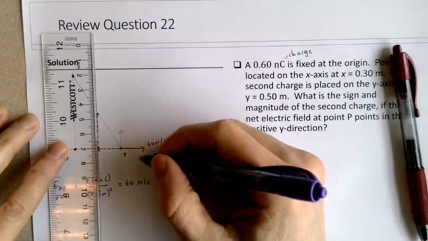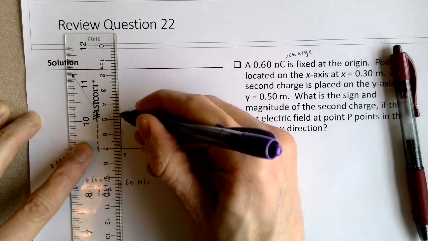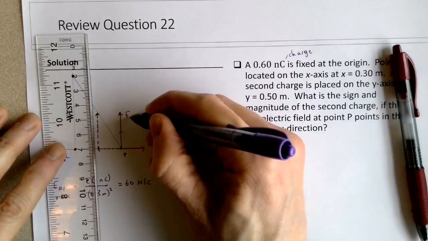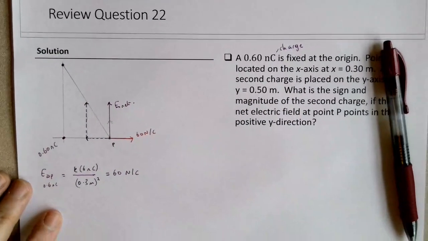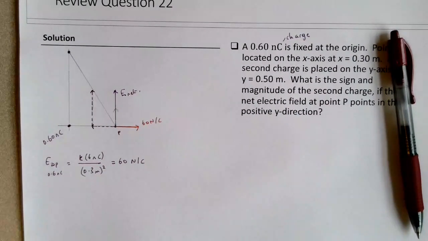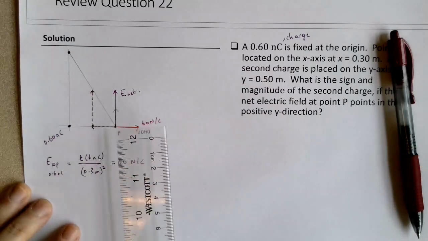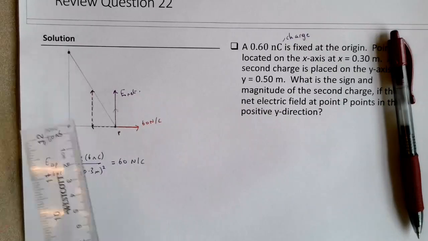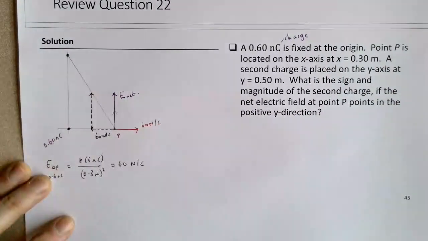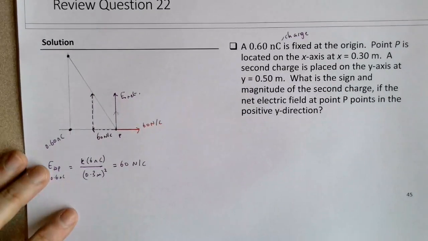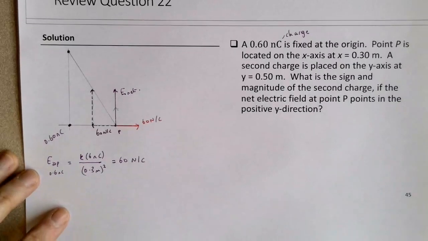How tall is that? So this would be E net. So let's try to figure out how we find the size of the charge such that it produces an electric field at point P that has a 60 newton per coulomb x component. And I'm not sure where this y component is yet. That's the purpose of this question, and figure out how big that charge needs to be.